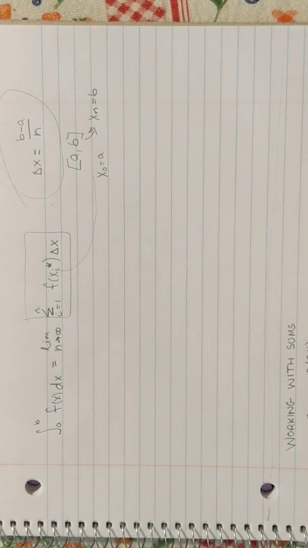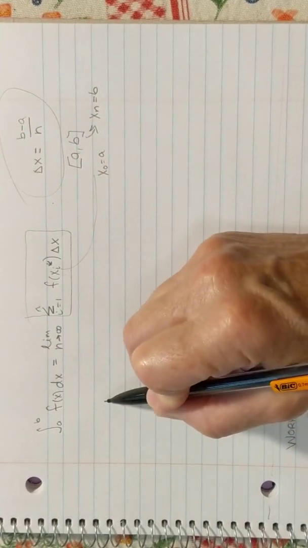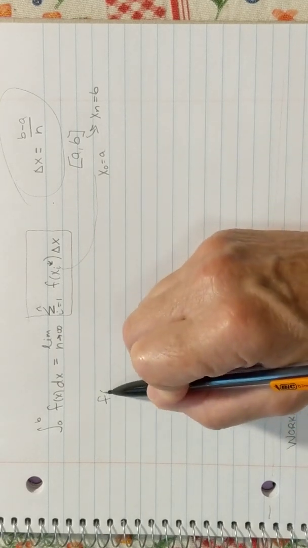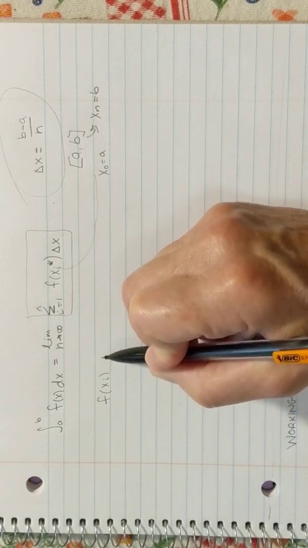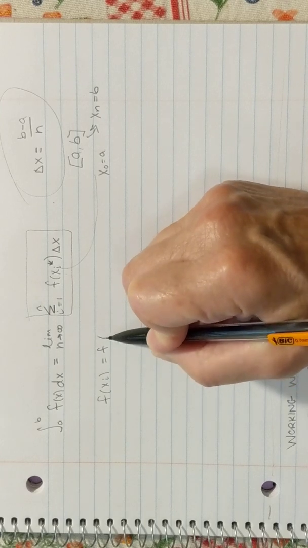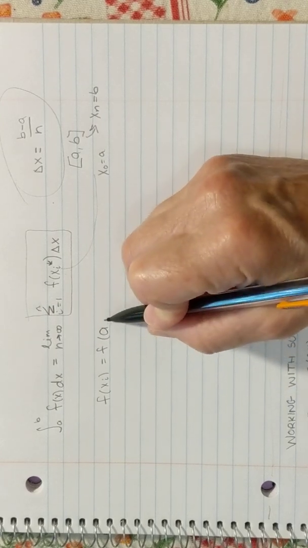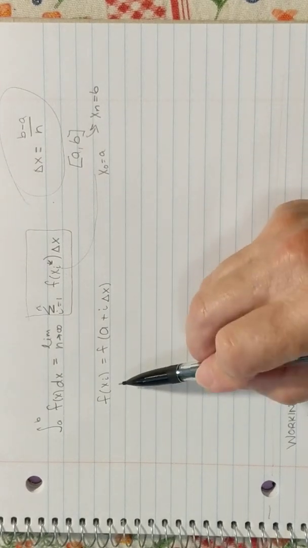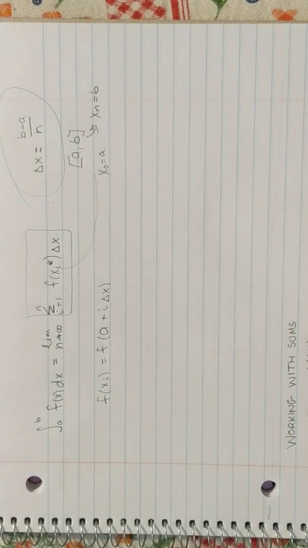And if you decide to take your endpoints from the right, let's take note of this: instead of the star, f of x sub I turns into f of a plus I times delta x. This becomes important when we hit that example where we use the summations.